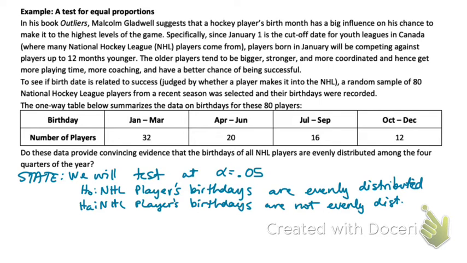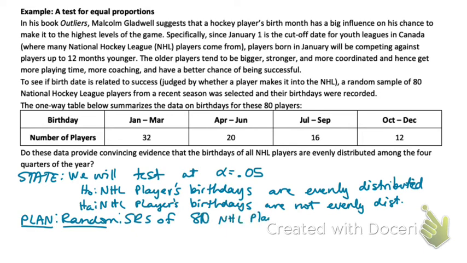All right, plan. Random: we have an SRS of 80 NHL players. Our 10%: 10 times 80 is 800.